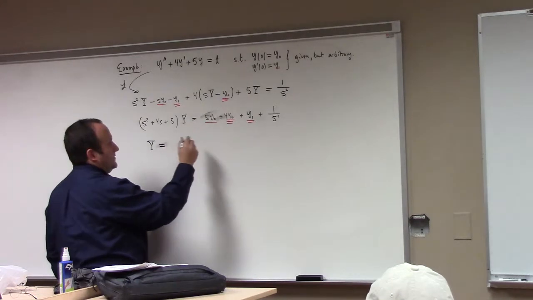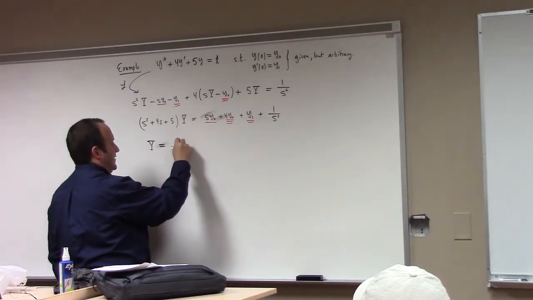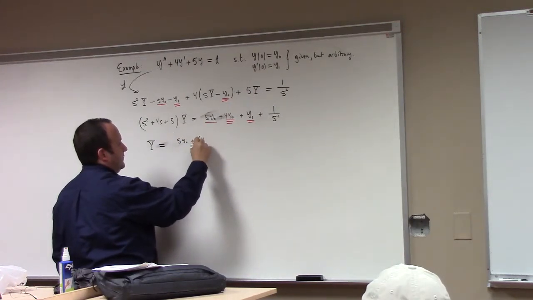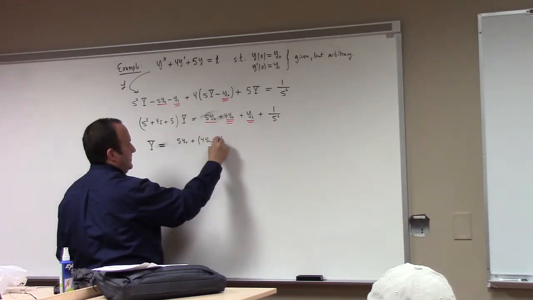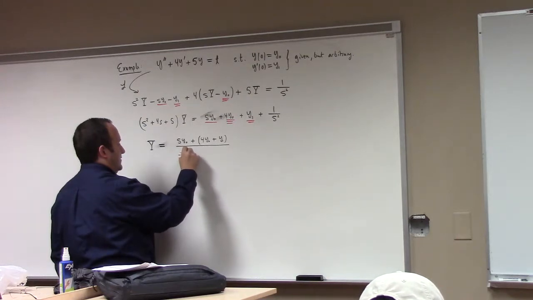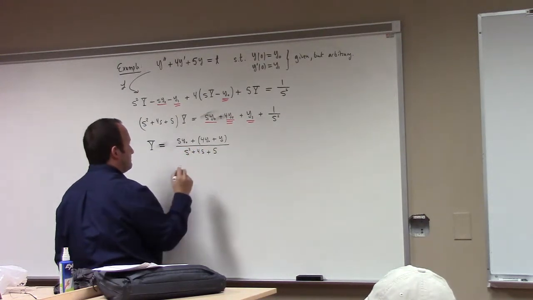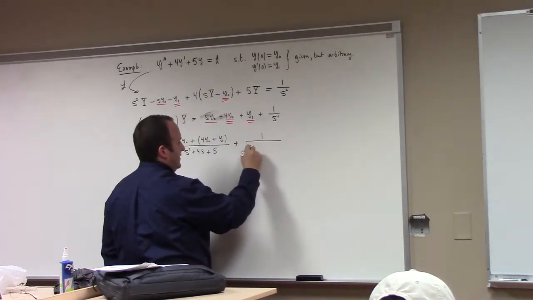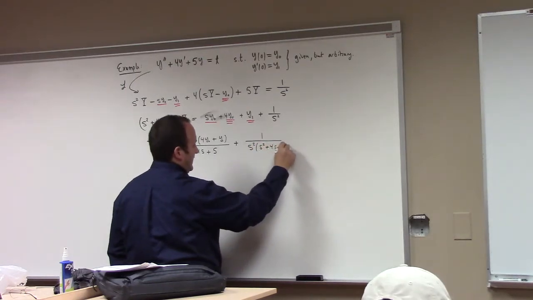And then in total we have (s y0 plus (4 y0 plus y1)), all divided by s squared plus 4s plus 5, and then plus 1 over s squared times (s squared plus 4s plus 5).